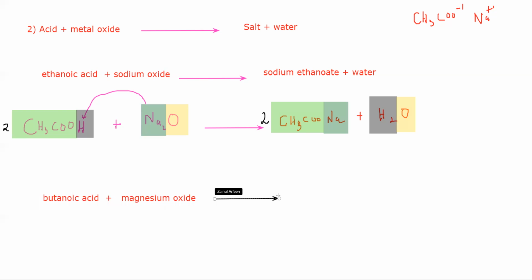What will be the product if butanoic acid reacts with magnesium oxide? It will be salt and water, but what is the name of the salt? Magnesium butanoate. Plus water.